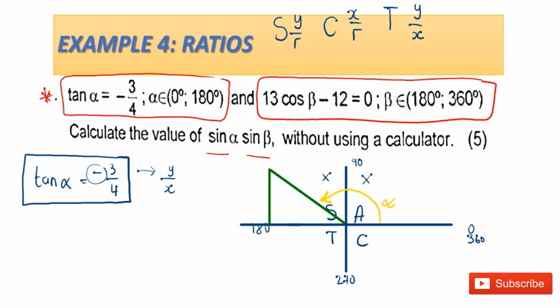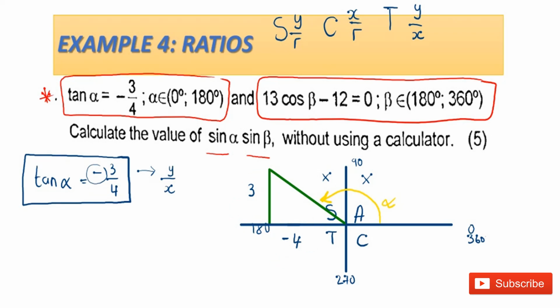Your y is equal to 3 and your x is equal to 4. So now do we see where this negative is applying? The negative is applying to the 4, right? Because in your second quadrant, your x values are negative, right? So the x is a negative 4 and the y is a positive 3.